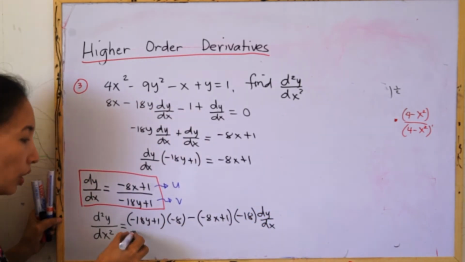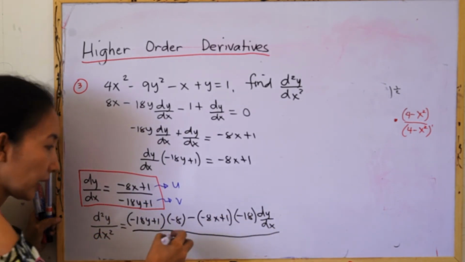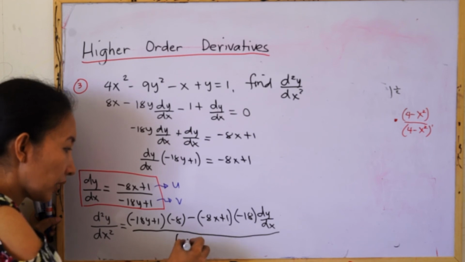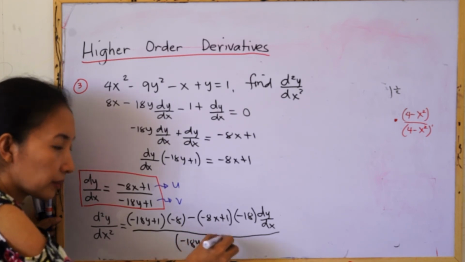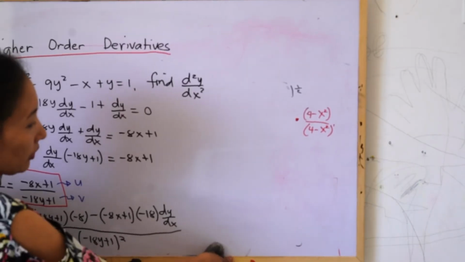All over the square of the denominator, negative 18y plus 1 squared. Let's continue simplifying it.